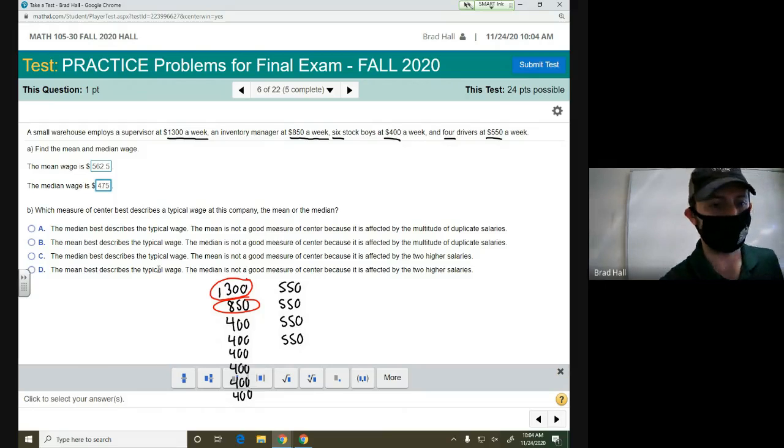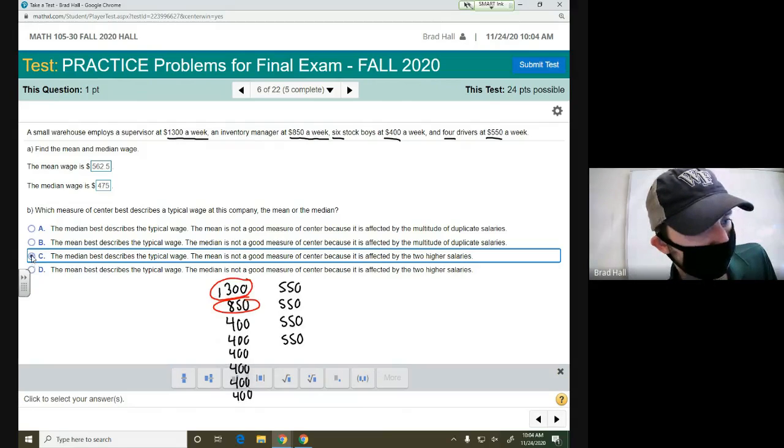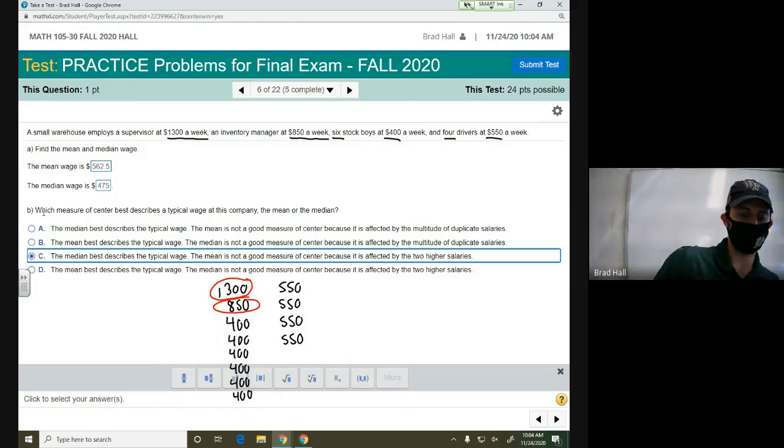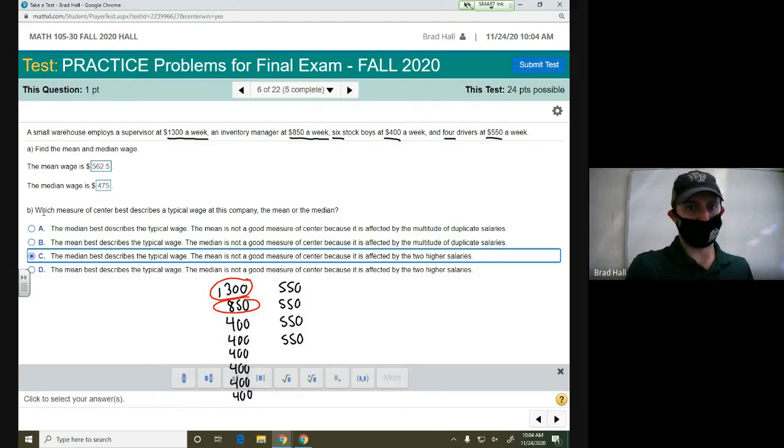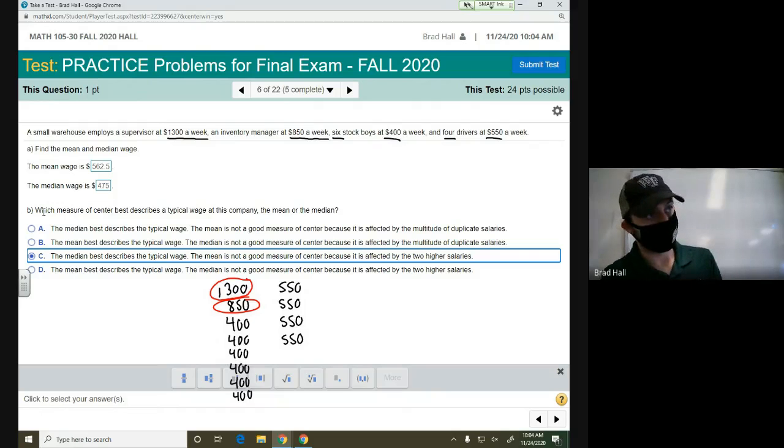And so answer choice C seems to be the better answer between that and A. C and A both assert that the median's the best, but we need to emphasize that the mean is not good because it is affected by the outliers, i.e. the 2 higher salaries. So that's the better description to really encapsulate the inefficiency of the mean in determining the center.